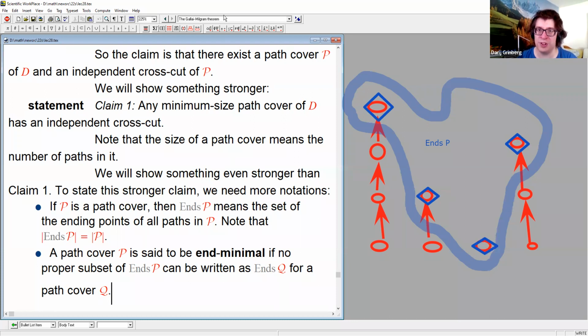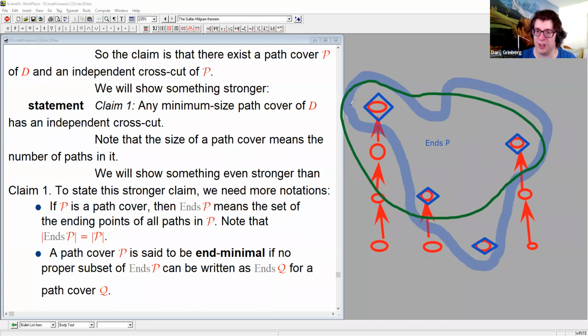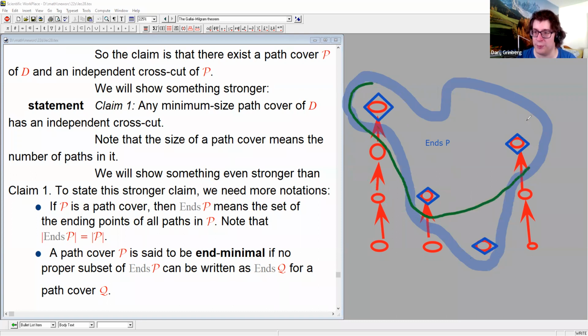So for example, if I restrict myself to those three vertices, they're not the ending points of a path cover. And also, if I restrict myself to those three vertices, they're also not the ends of a path cover.